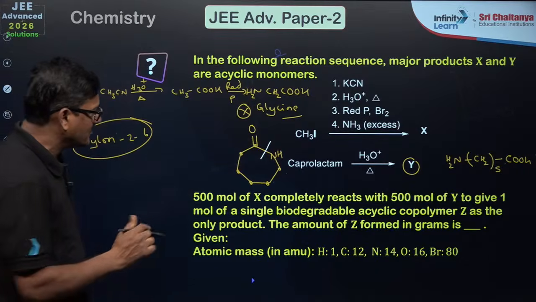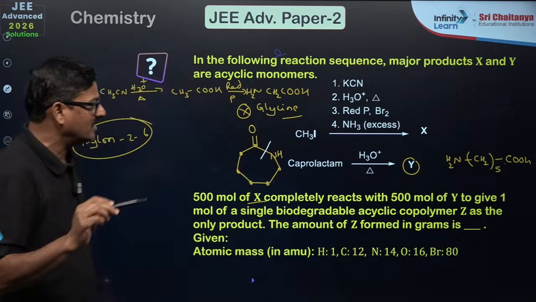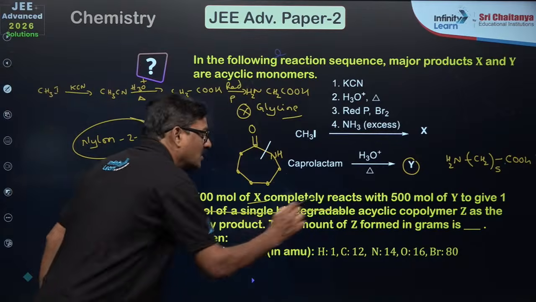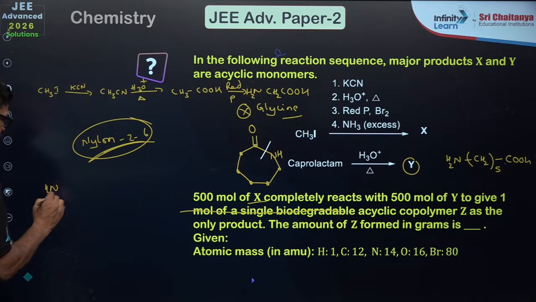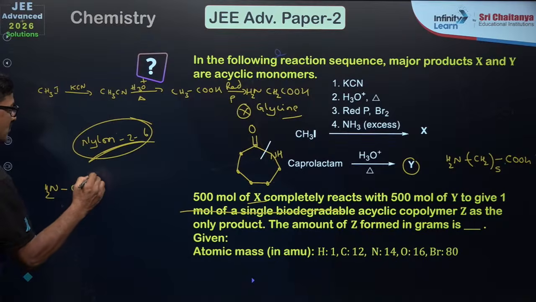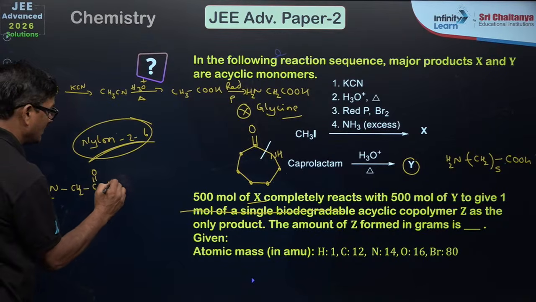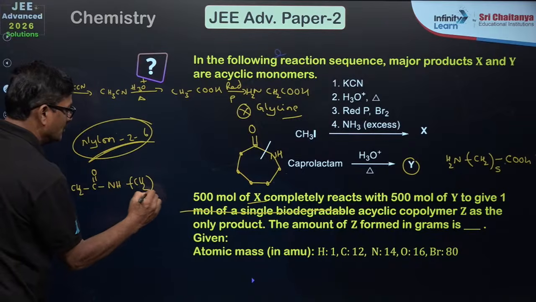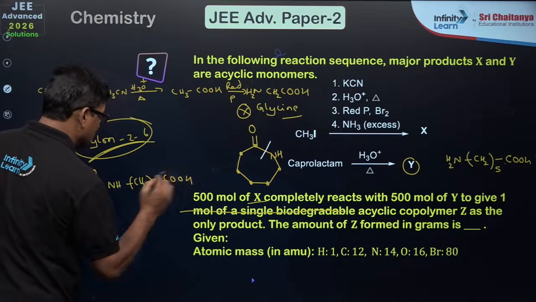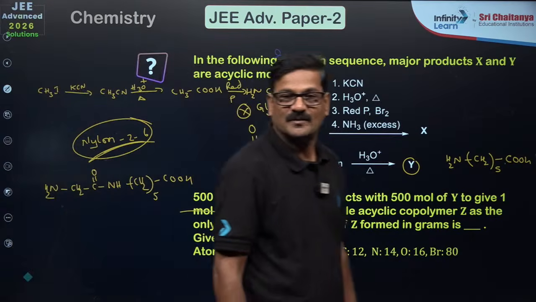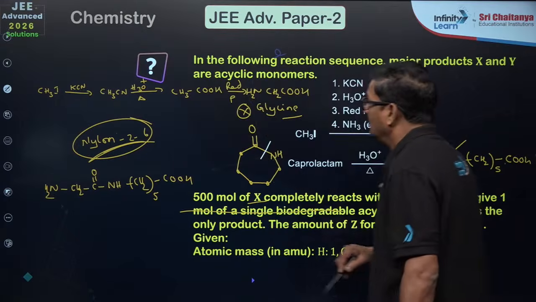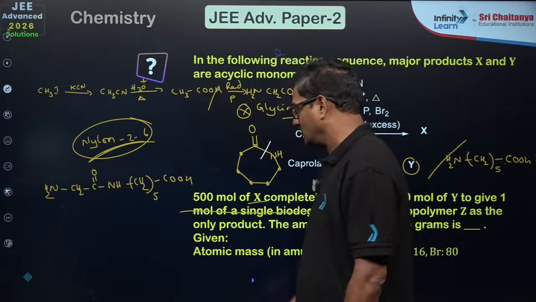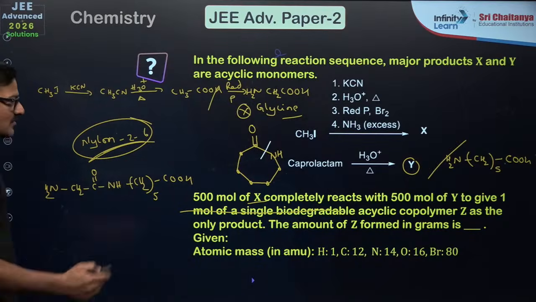Now let us talk about the 500 mole of X completely reacting with 500 mole of Y to give 1 mole of single nylon 2,6. So 1 mole of nylon 2,6 appears as NH2 CH2 C=O NH and CH2 five times and COOH. This is your nylon 2,6 structure. From X plus Y, this part and this part are lost as water molecules, and let us calculate the number of moles.